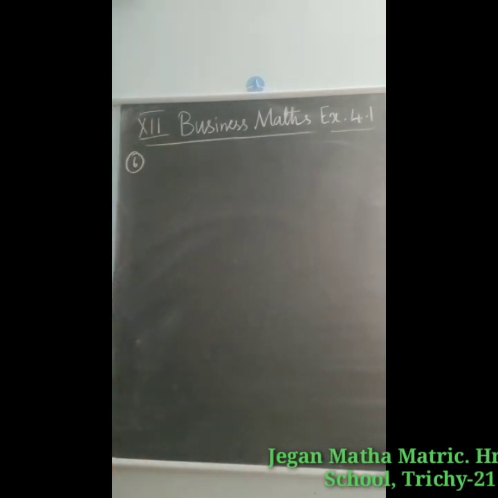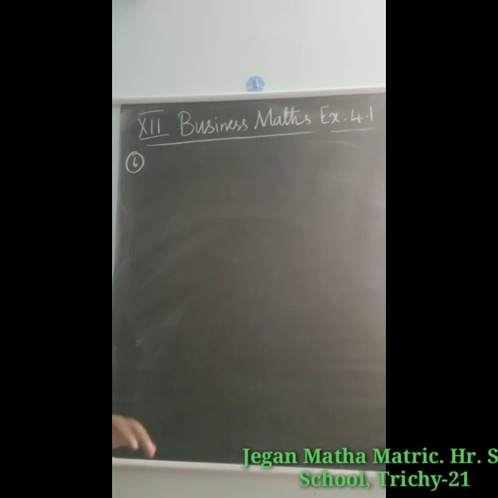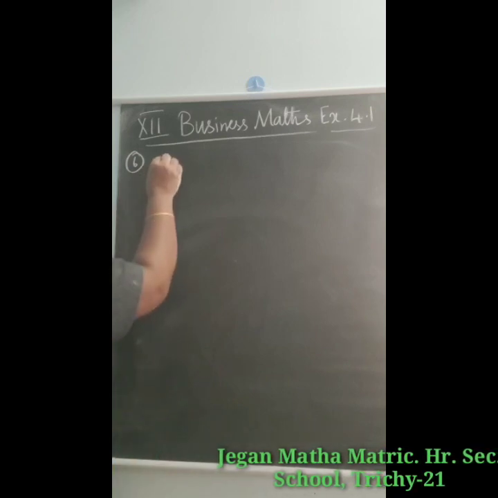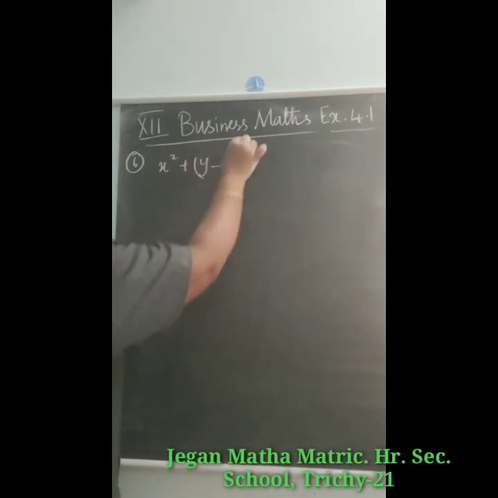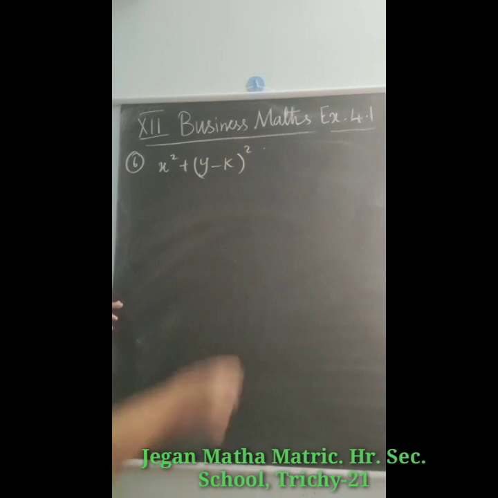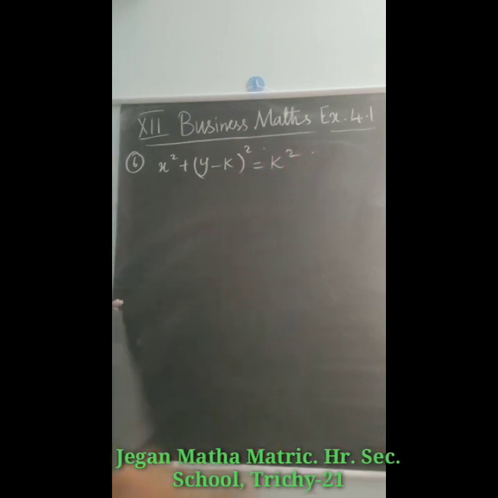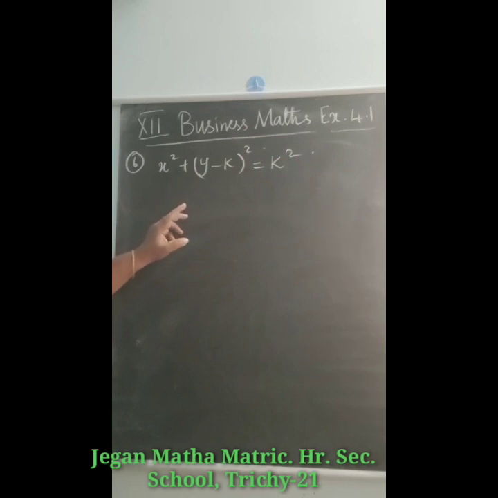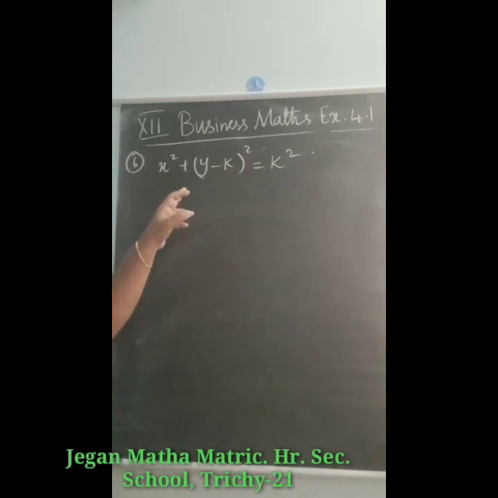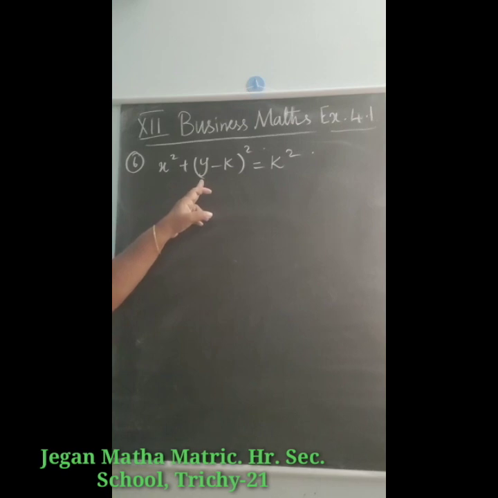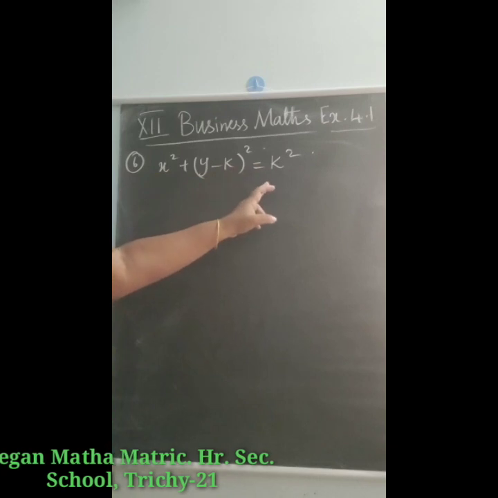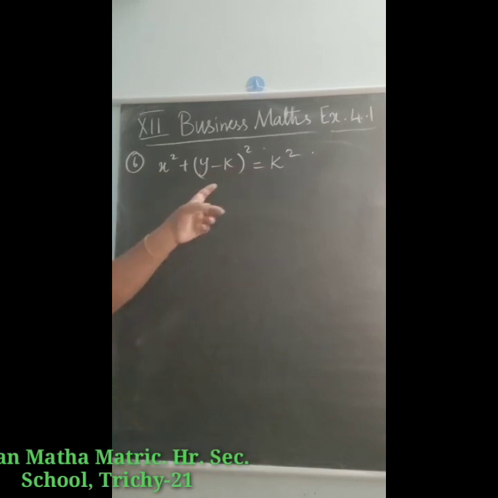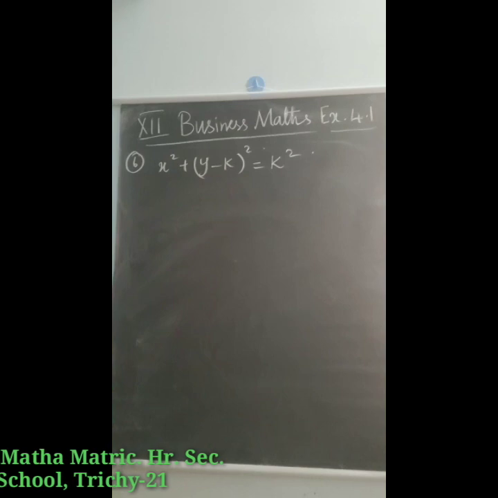So the equation of all circles passing through the origin and having their center on the y-axis is x squared plus (y minus k) the whole square is equal to k square, where (0, k) is the center of the circle which lies on the y-axis and the radius is k.